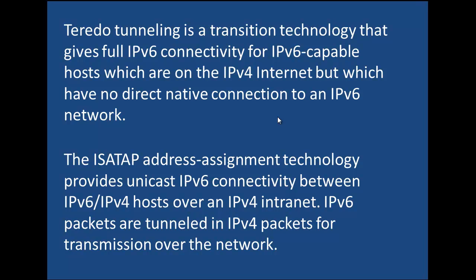IP6 packets are tunneled inside of the IP4 packets for transmission over the network. So both ISATAP and Teredo will take that IPv6 packet and encapsulate it within the IPv4 packet so that it can be taken across the network.